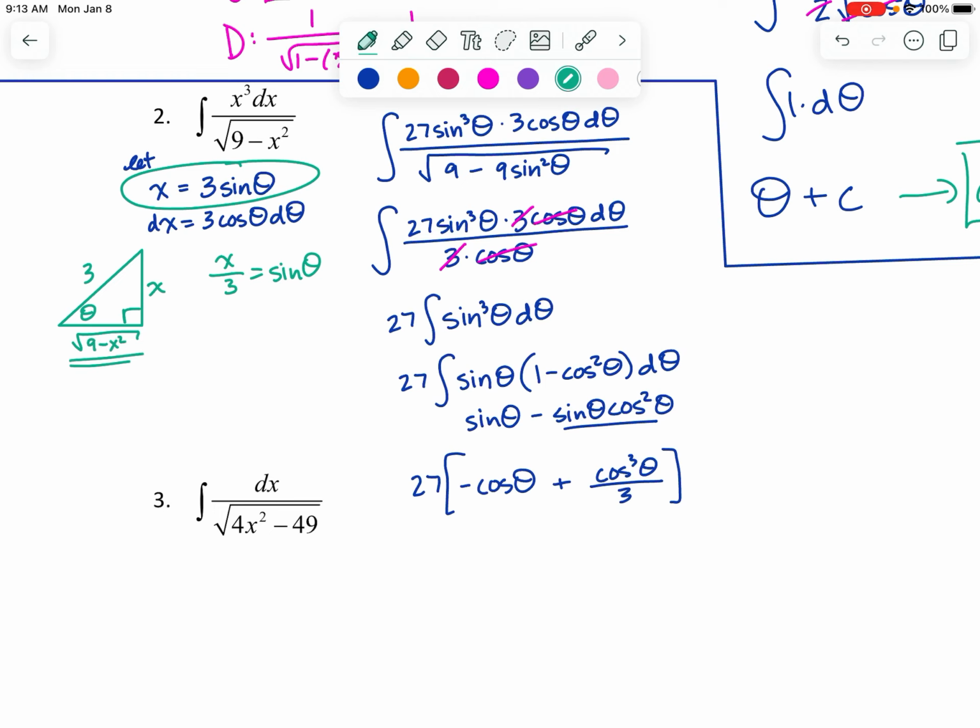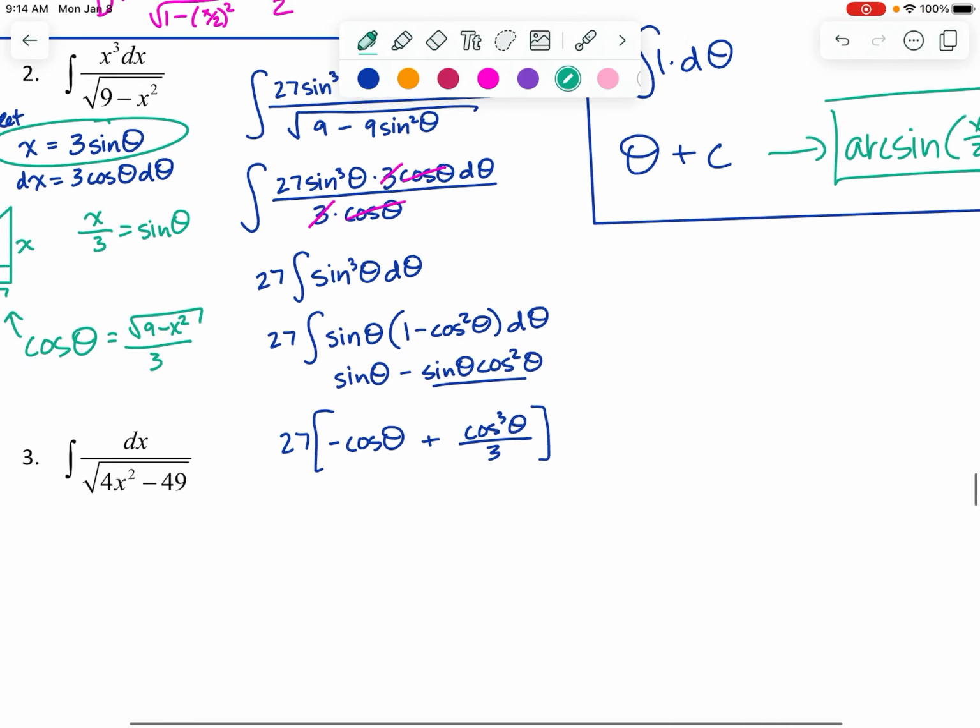And this should always be familiar because that was in our original problem. So that's kind of a self-check that you can do to make sure that you have it all set. All right, now looking at this triangle, what do I need? I just need to know what cosine is. So from the triangle here, the cosine of my angle is going to be root 9 minus x squared all over 3. And now I can use that to plug in and get my final answer.